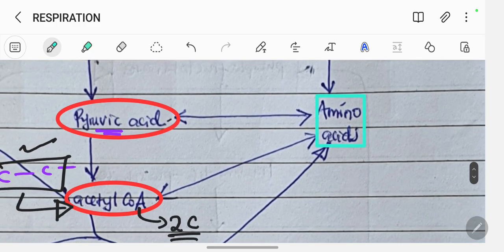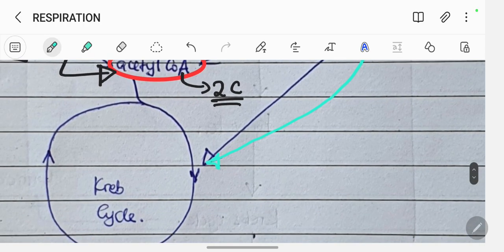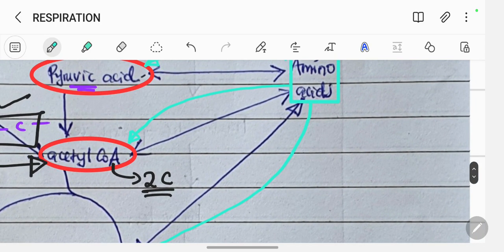And after breaking it down, the amino acids have very many alternatives. An amino acid can be converted to pyruvic acid or pyruvate. It can be converted to acetyl-CoA, or it can be taken directly into the mitochondria, and specifically into the Krebs cycle.